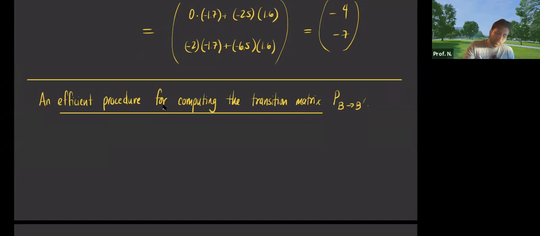The way to do this is reminiscent of the way we first learned to find the inverse of a matrix, by augmenting the matrix that you're finding the inverse of with the identity matrix, right?